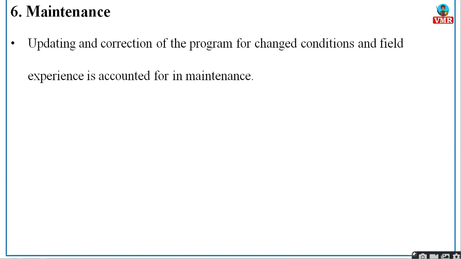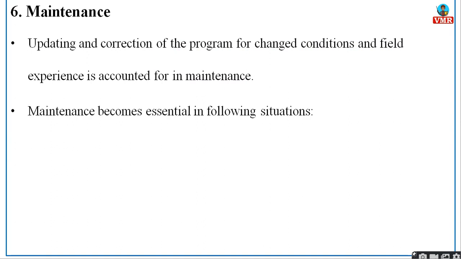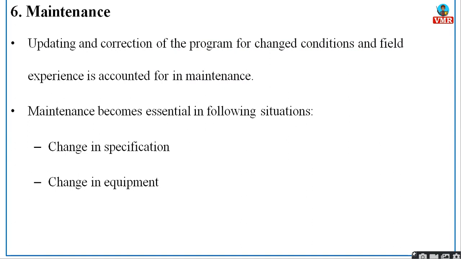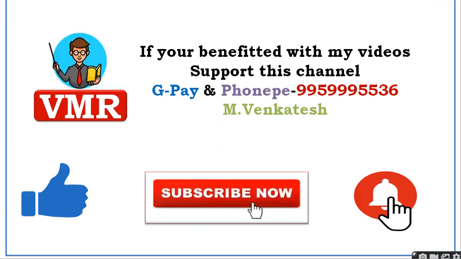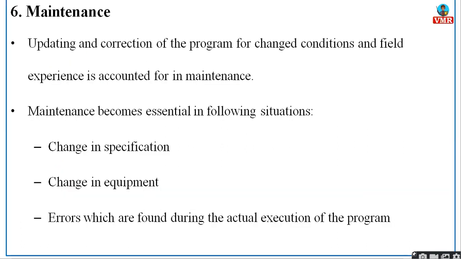If you are able to maintain it properly, updating or changing conditions will be very easy. And maintenance becomes essential in the following situations. First one is change in specification. Second is changing equipment. Third is errors which are found during actual execution of the program, right? So these are the three different situations where maintenance actually helps a lot.